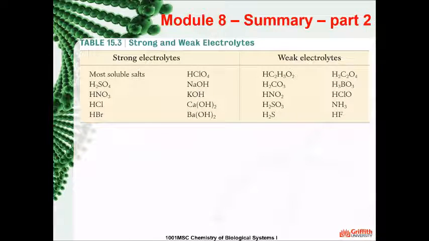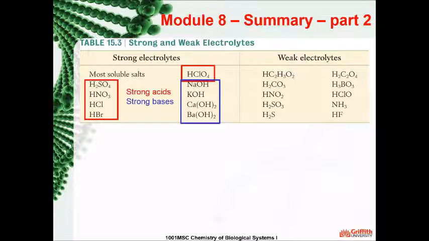In the second part of this module, we introduce the concept of electrolytes as chemical substances that ionize in water to produce cations and anions. They are also able to conduct electricity. We define strong acids and strong bases as strong electrolytes that dissociate completely in their solutions.